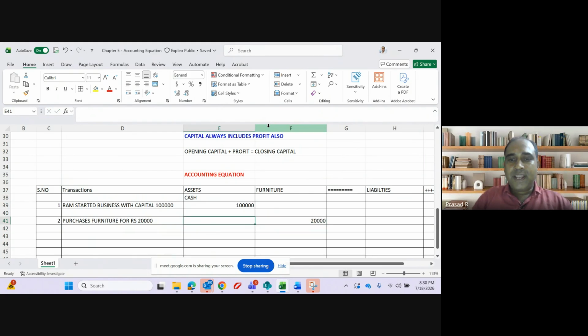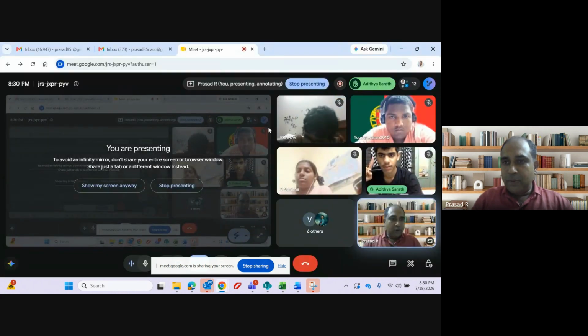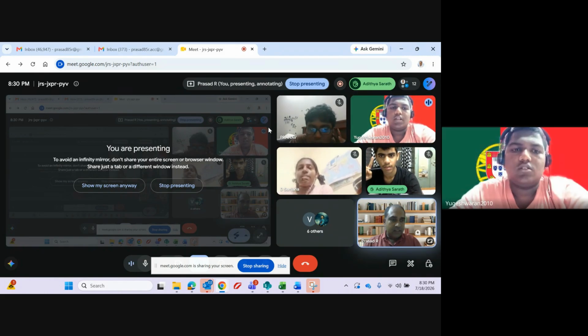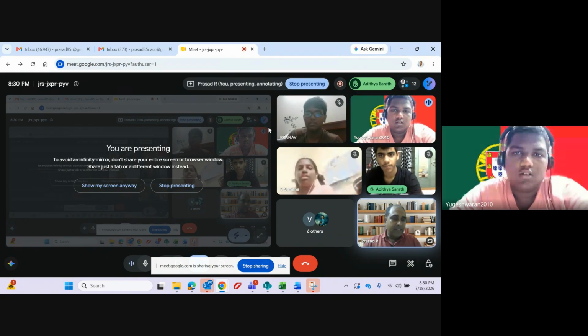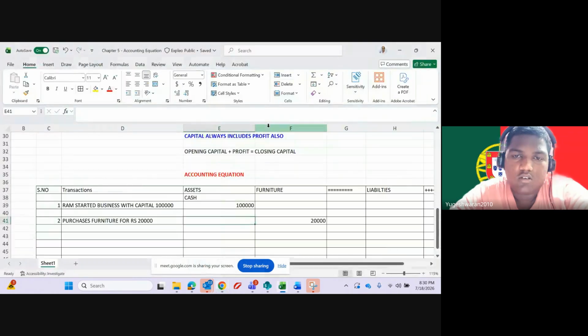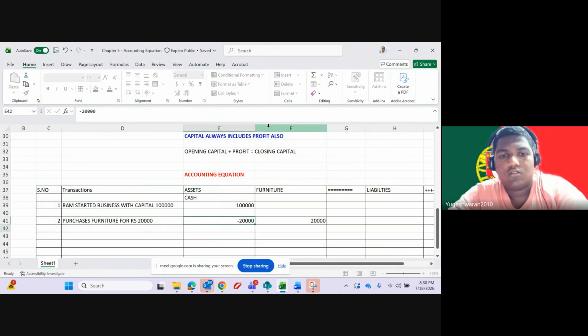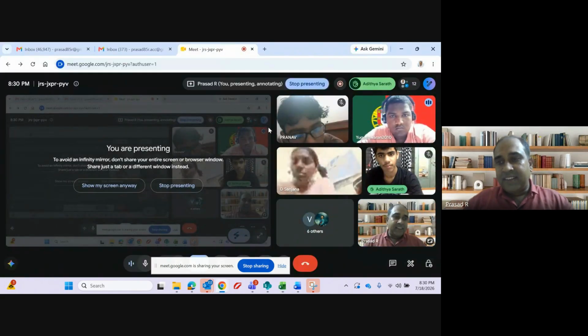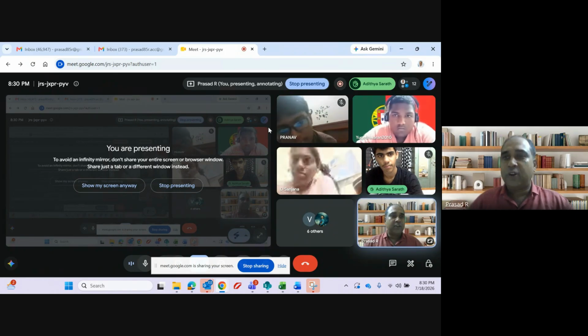And what will happen to my cash? Minus 20,000. Cash will reduce because I have to pay. So in the same asset category, one asset is increasing called furniture, another asset is decreasing called cash.